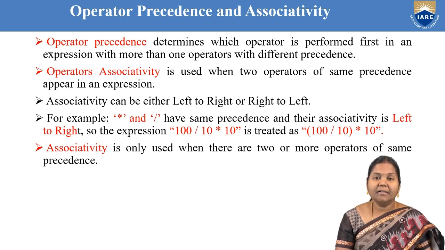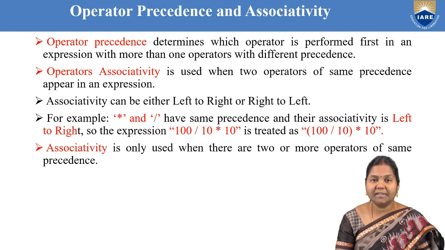If an operator has high precedence, then the high precedence operator will be executed first, then the low precedence operator. For example, if you have star and plus, multiplication and addition, then multiplication has higher precedence than addition.